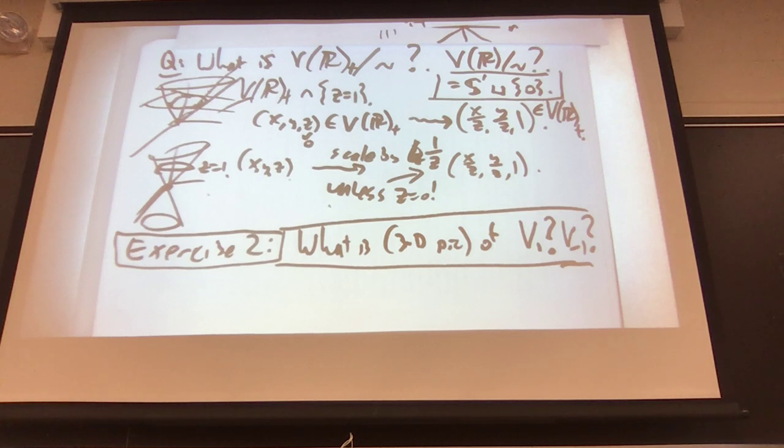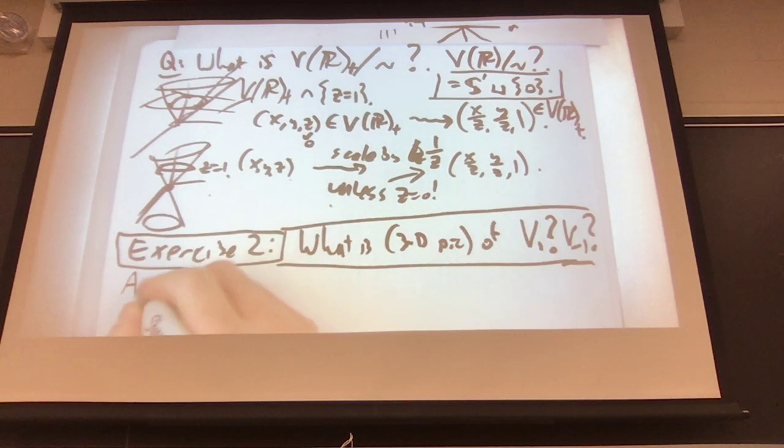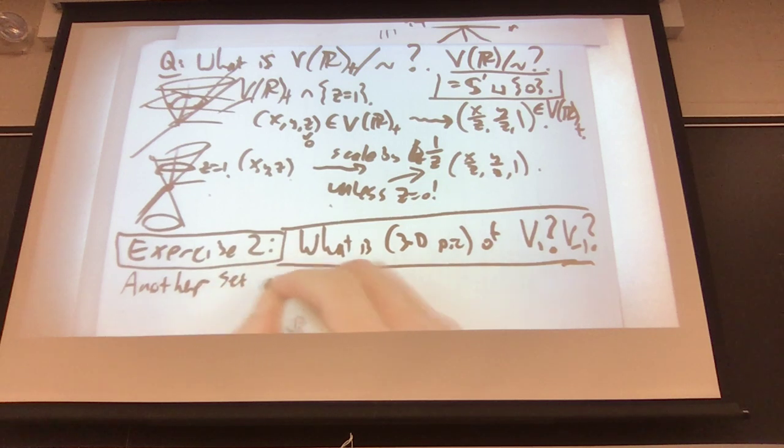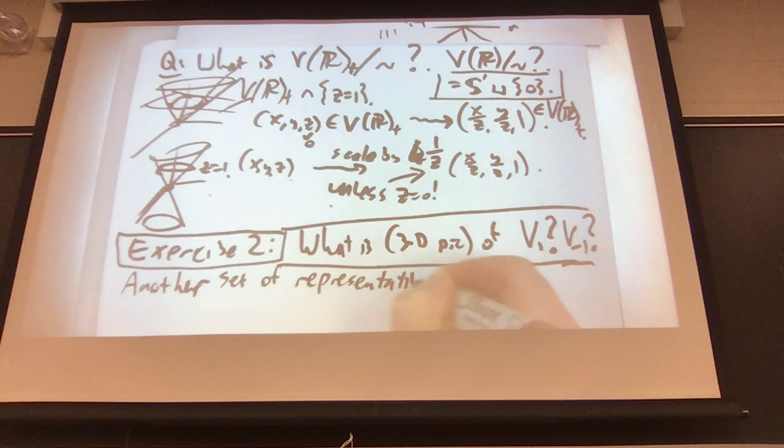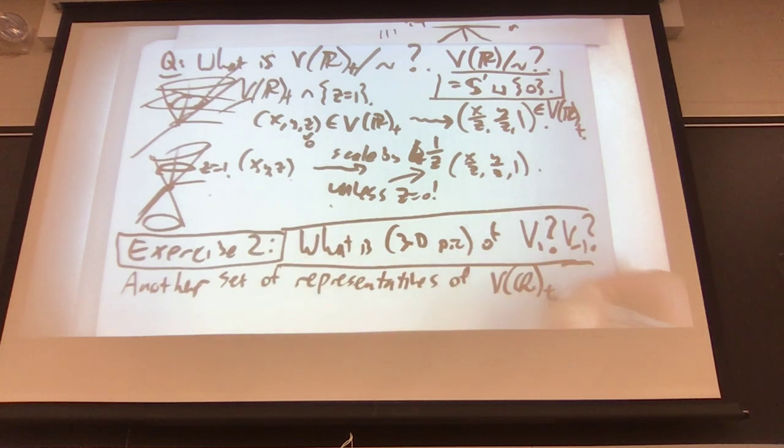We could do the same thing with the rational points, right? So another set of representatives of V, let's say in the upper cone of Q, up to equivalence, is the rational points on the circle, by the same process.